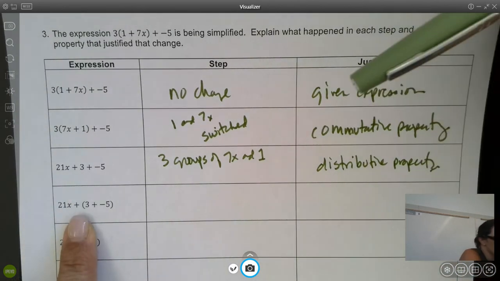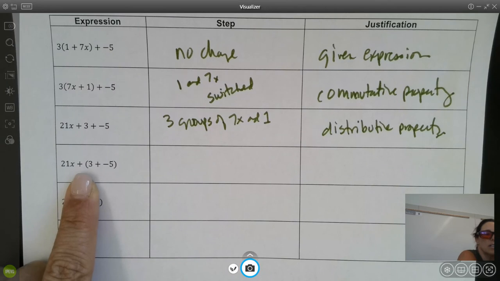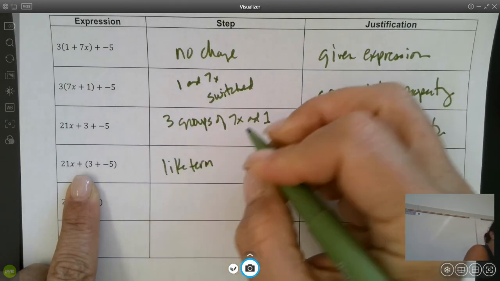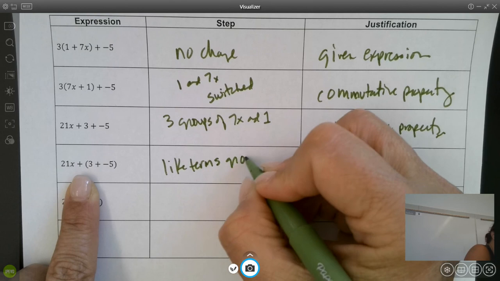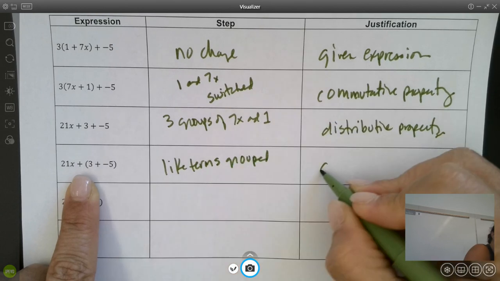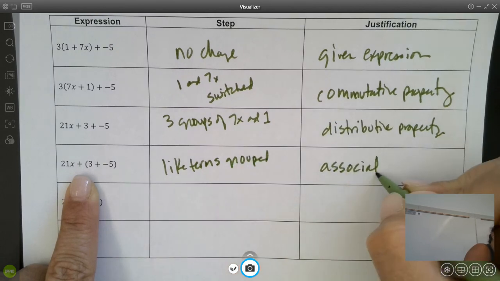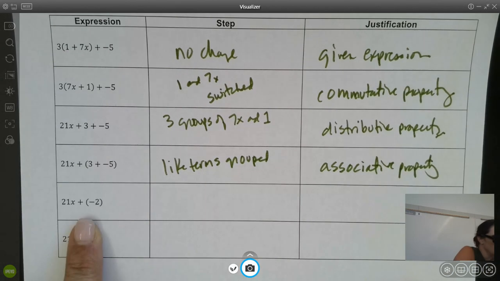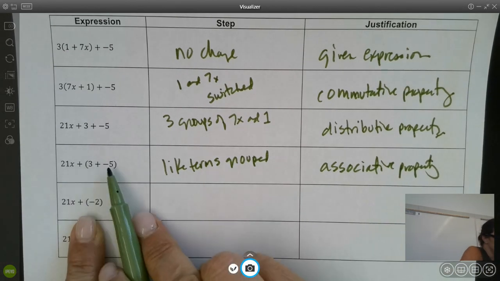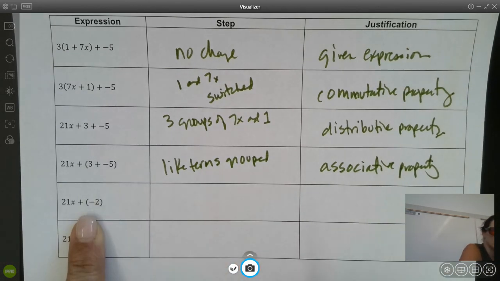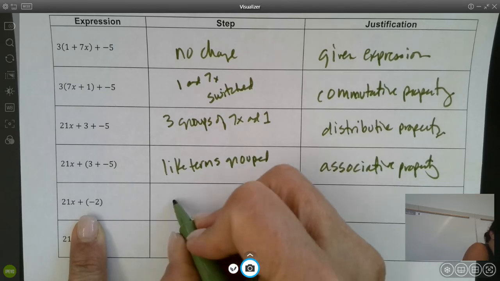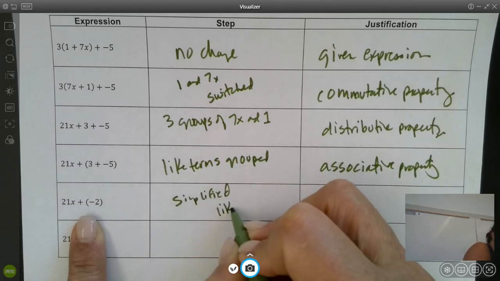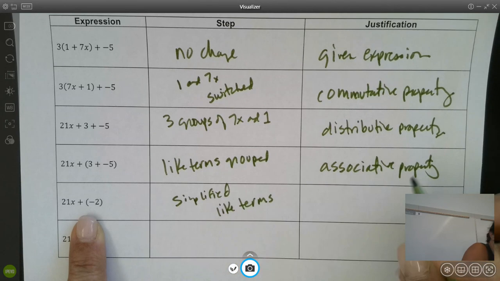Then it looks like the like terms are grouped. Like terms grouped by the associative property. And then the 3 plus negative 5 became a negative 2, simplified like terms by substitution.